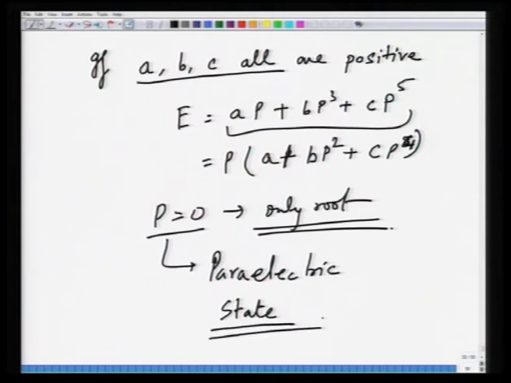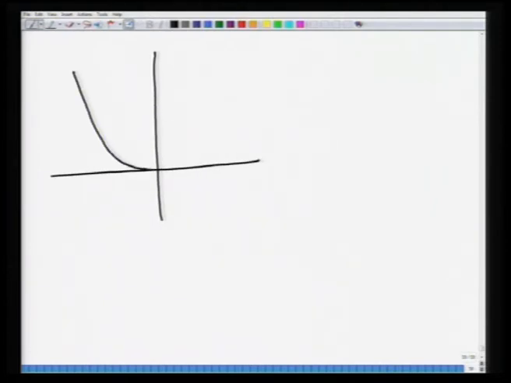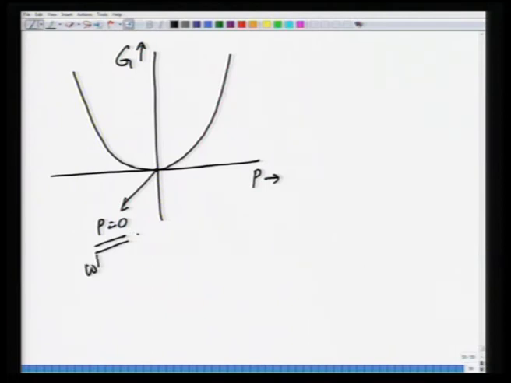And this is determined by, if you now plot the free energy versus polarization, then this refers to the state like this. So, this is your G, and this is P equal to 0, and P equal to 0 when, of course, E is equal to 0.